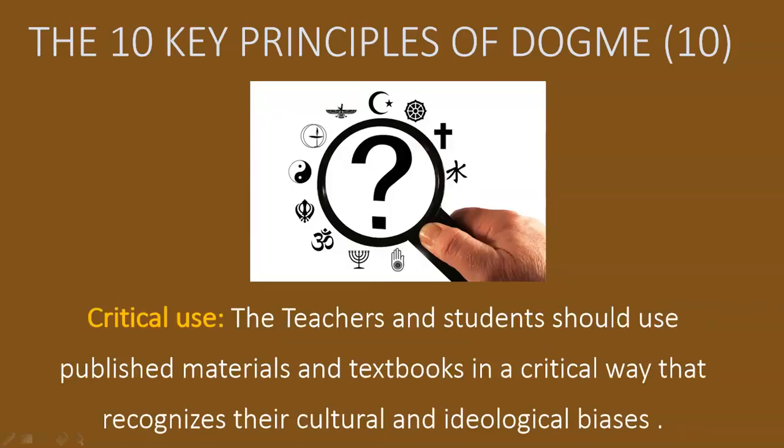The teachers and students should use published materials and textbooks in a critical way that recognizes their cultural and ideological biases. So some scope there for interpretation, I think, of the point about textbooks, which I haven't looked at in too much detail here. I will do in the longer video.